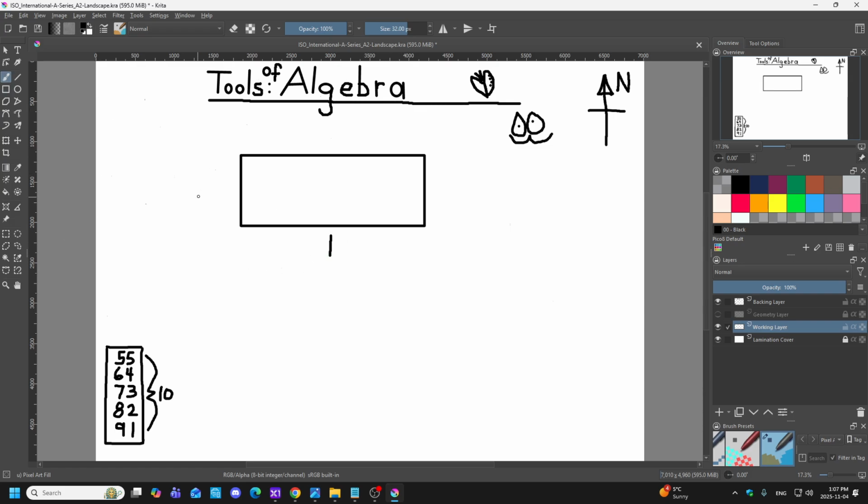L, W. 25 and 1/4. Our units are feet. 42 and 5/8.